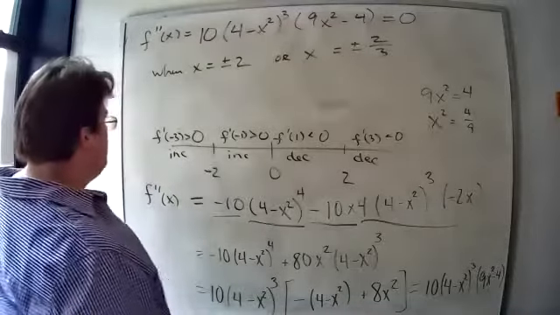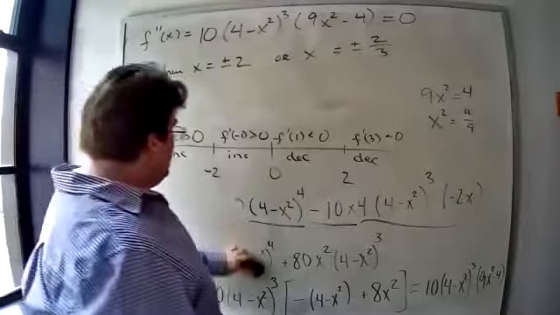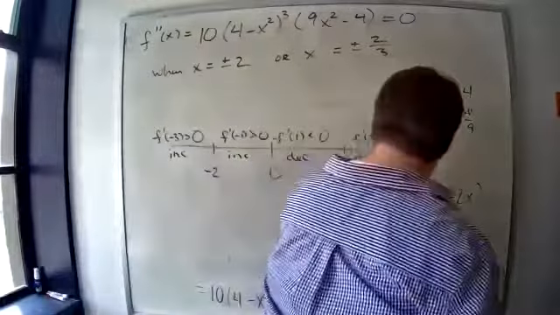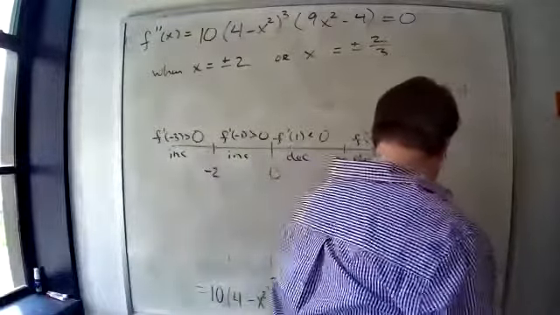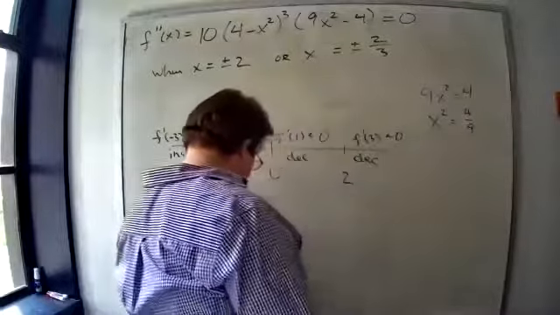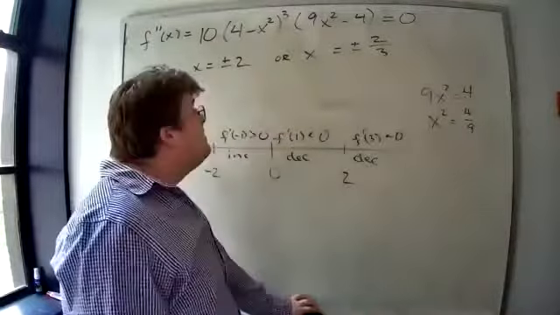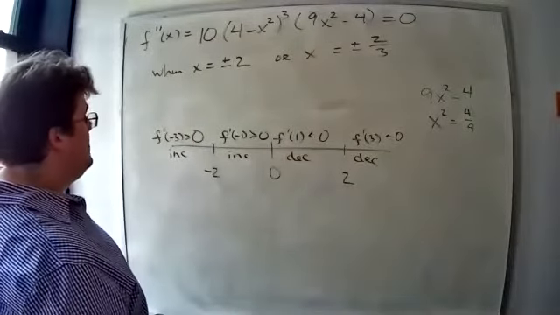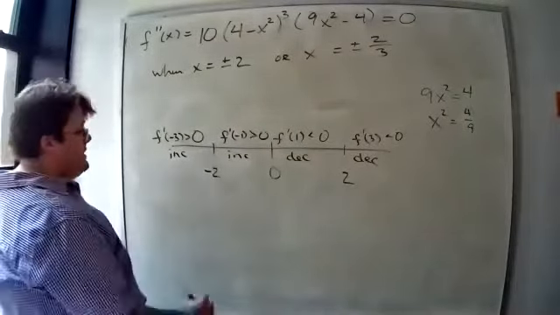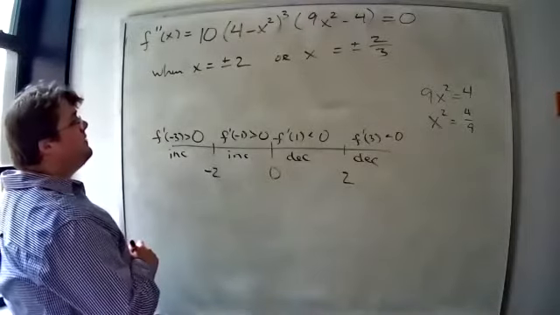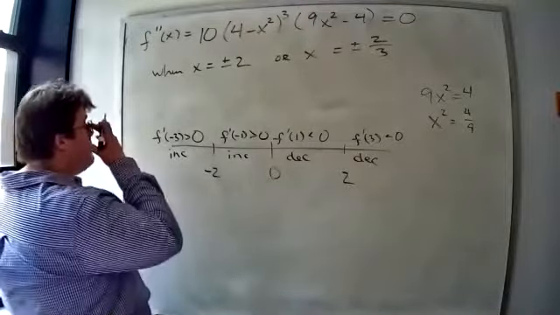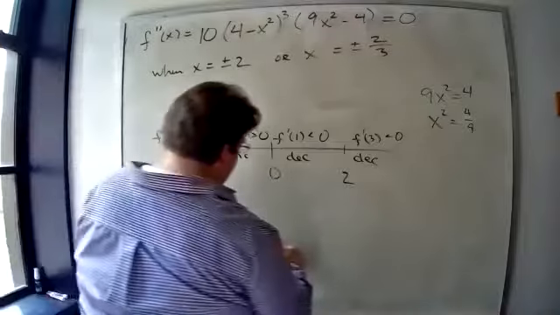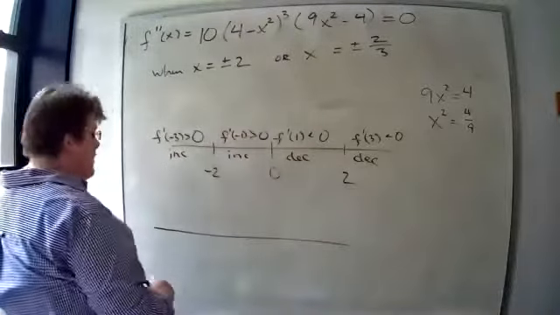So now we're going to need to do our sign analysis with lots of intervals. Yeah, much easier with a bigger board. Well, I guess I'm going to do the second derivative down here.